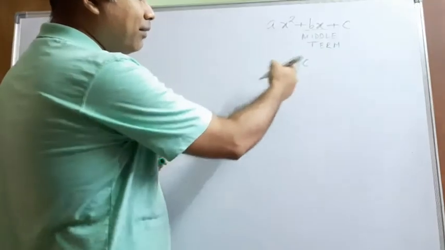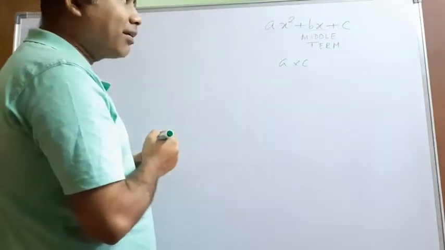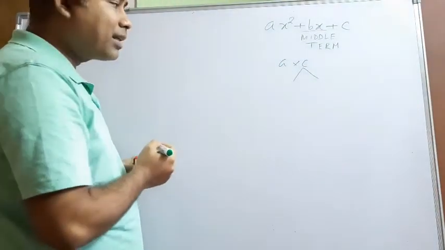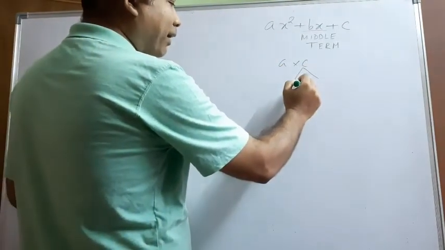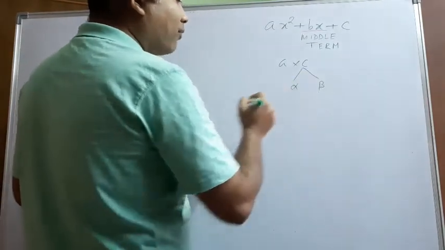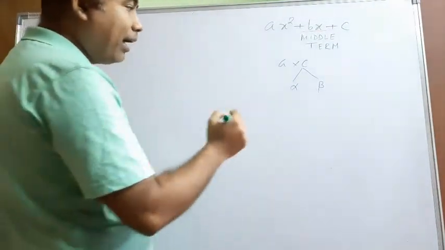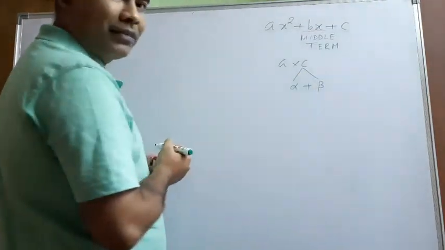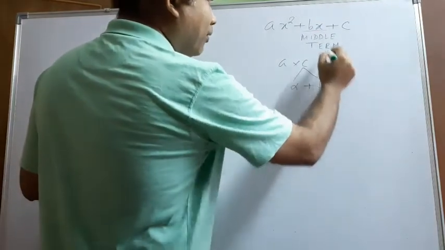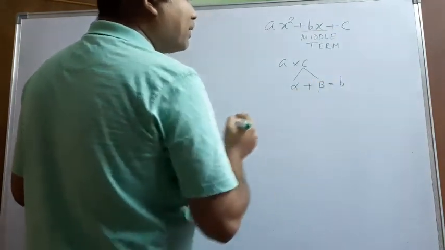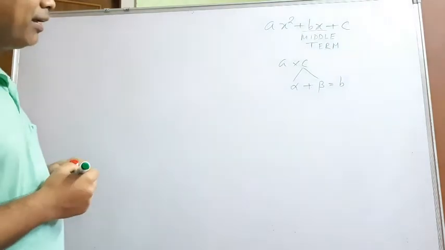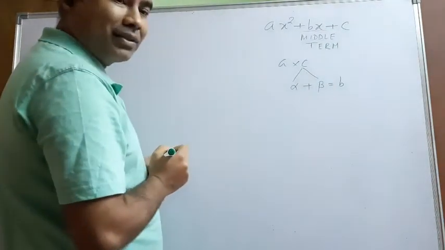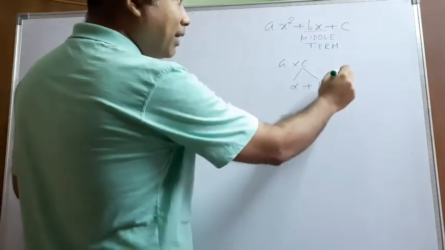After multiplying a and c, whatever answer you get, you have to factorize it again. Suppose we get two factors, which we denote symbolically as alpha and beta. These two factors should be such that when you add them, the answer is the coefficient of the middle term, that is, alpha plus beta is equal to b.